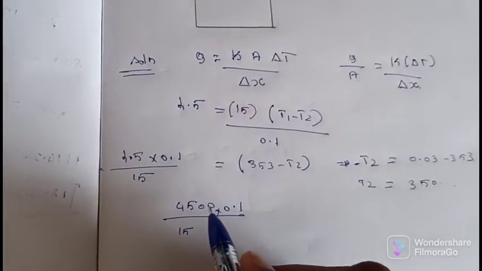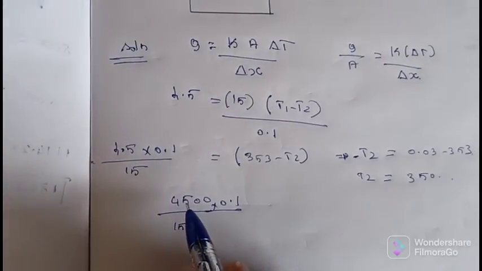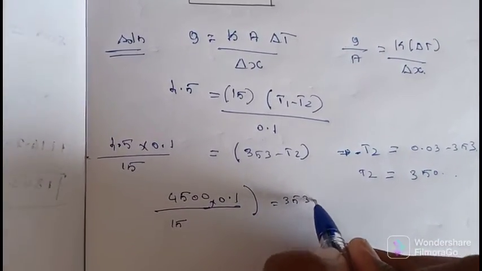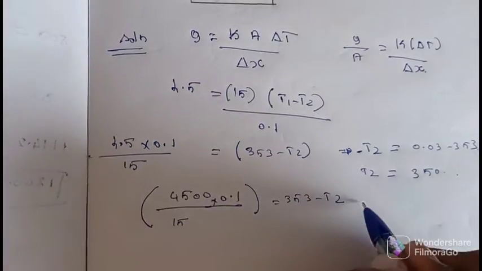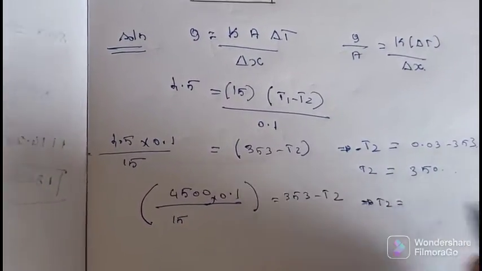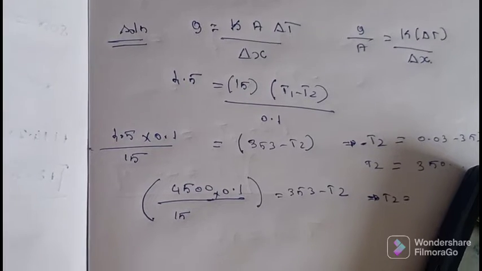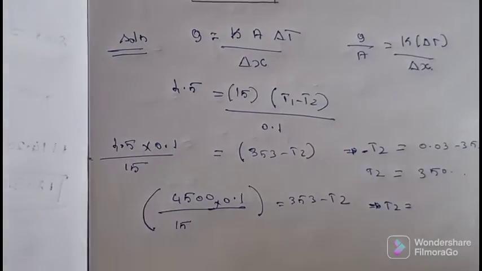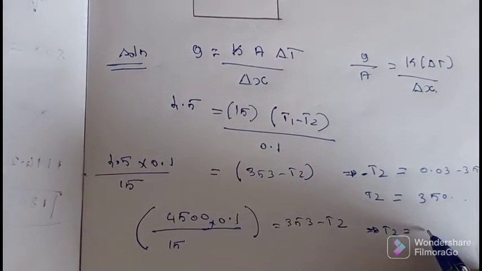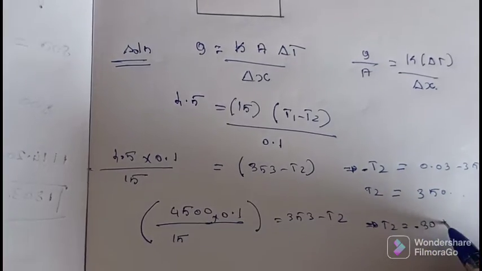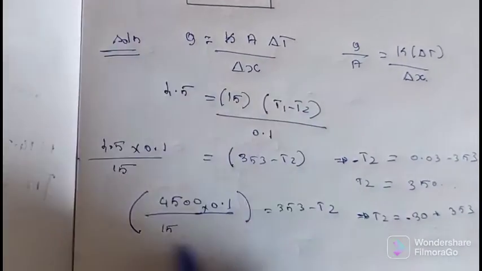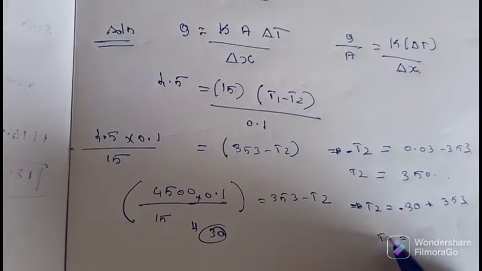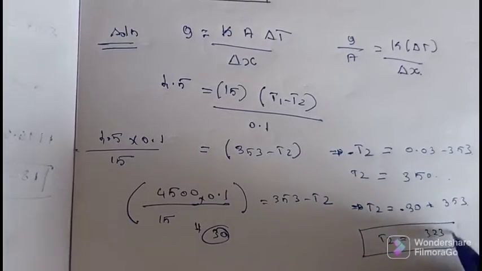So instead of K we are using the value in watts, and on calculation 4500 into 0.1 divided by 15 is equal to 353 minus T2. So T2 is 353 minus 30, and simplifying we get T2 as 323 Kelvin.